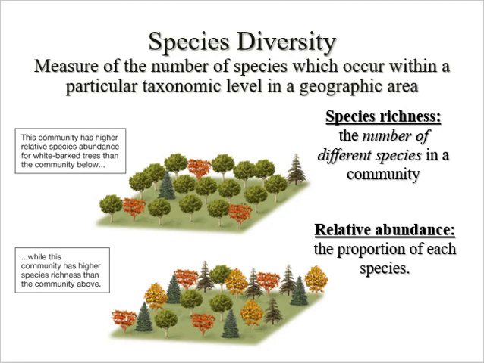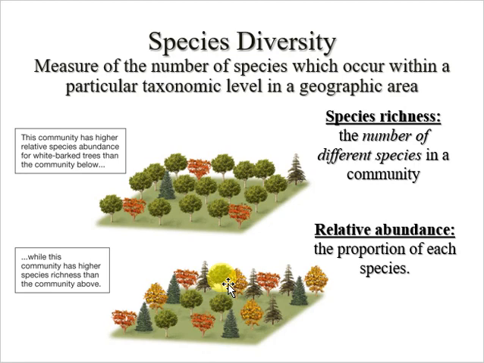So looking at these two communities, this community down here has a greater species richness than this community here because you have far more species types present than found here. Here you only have 3 species that are present, whereas, actually, sorry, you have 4. I didn't see this little guy here. You have 4 different species, whereas here you have 5 different species, right? So because you have more species here, you have greater species richness in this community.